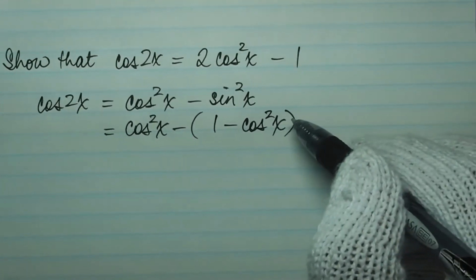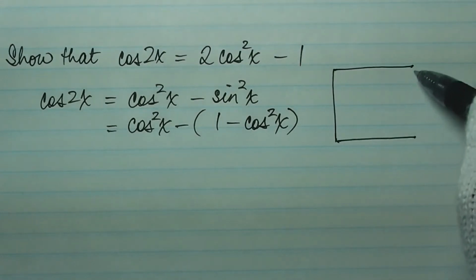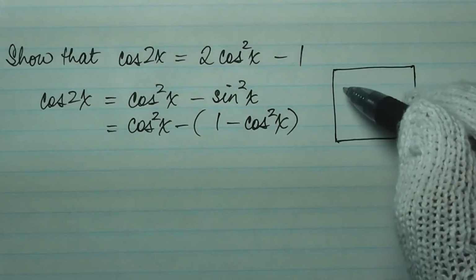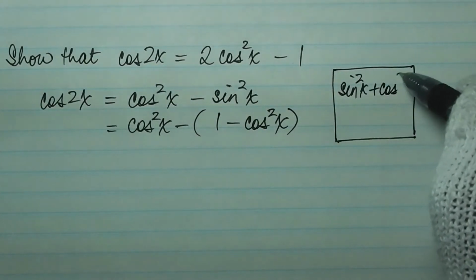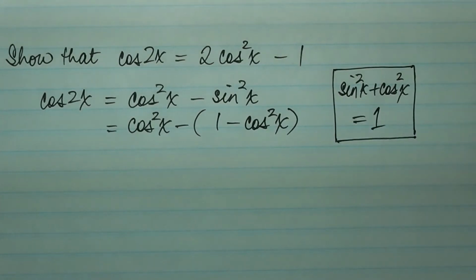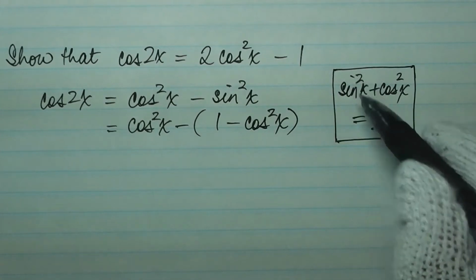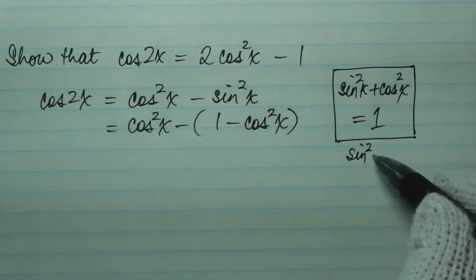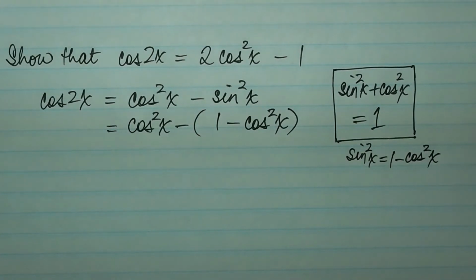I'm just going to move to the side here, because I know that sine squared x plus cosine squared x is equal to 1. So I can move the cosine squared here, and that'll tell me that sine squared x is equal to 1 minus cosine squared x.